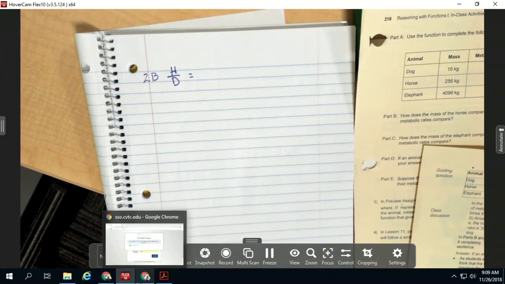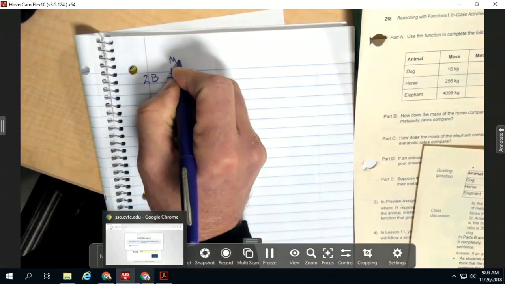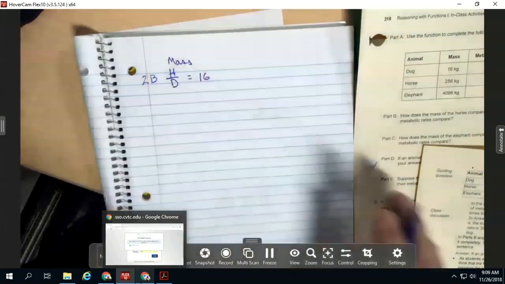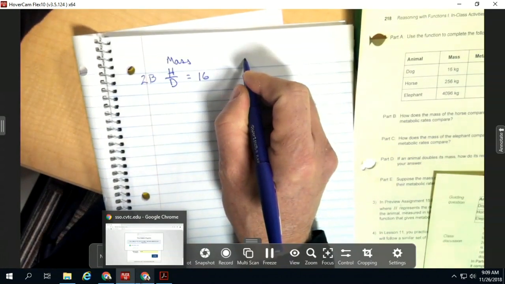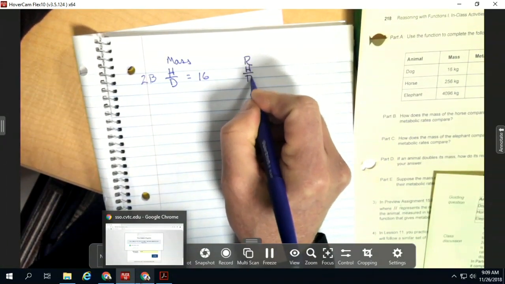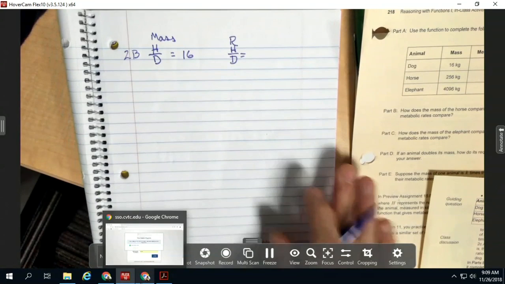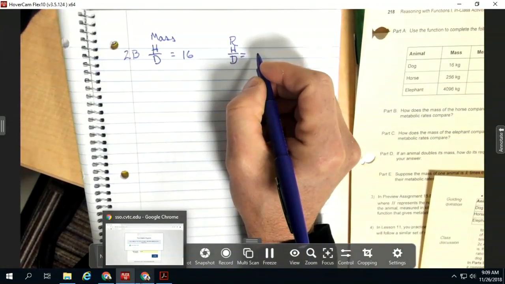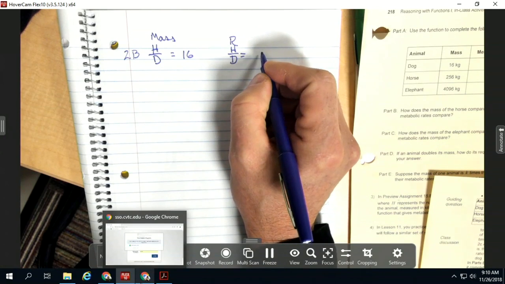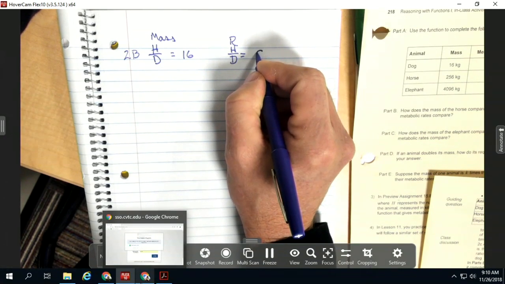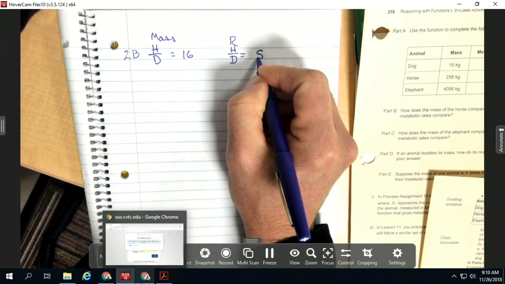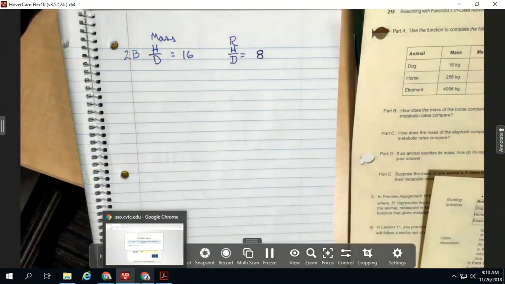What do you get? 16. And then the other part, metabolic rate. Is it 8?